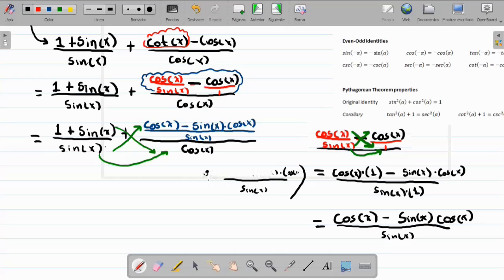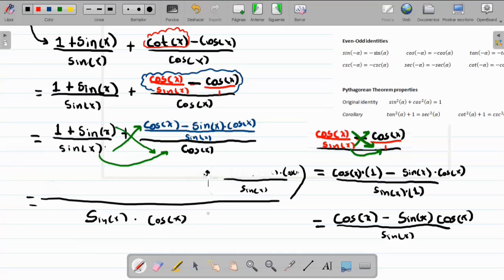Sorry, I forgot the angle here, okay. Something will happen over there, all that over, so I think that equal goes in here. All that over sine of the angle times cosine of the angle.